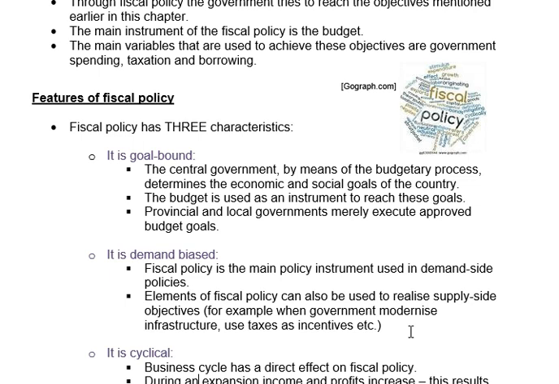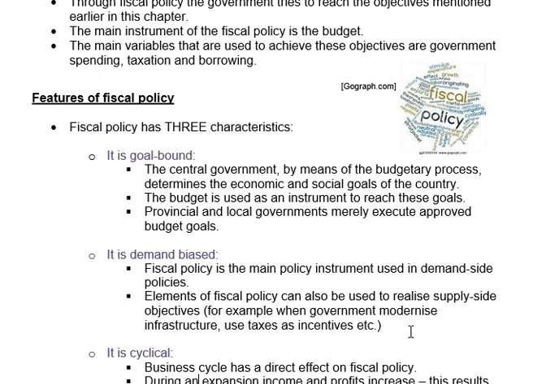And provincial and local government, remember, it is the national government that comes up with the budget, the National Department of Finance, obviously, through the Treasury. And then once the budget has been announced, the provincial and local governments will receive their allocation. Remember the conditional grants and the equitable share that we discussed yesterday. All right. And then when their budgets are approved, provincial and local governments are supposed to execute approved budget goals.